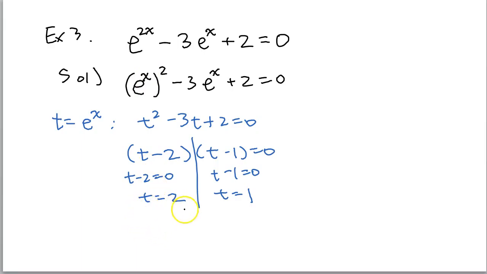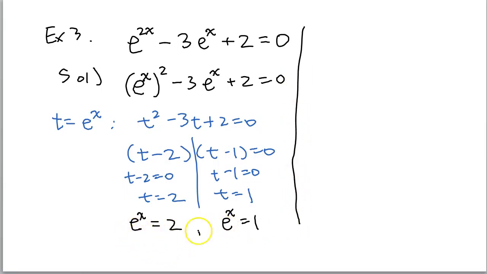So once you solve for t, you have to go back to x. t is equal to e to the x, so e to the x is 2, or e to the x is 1. Now in order to solve this, you have to solve each of them individually.